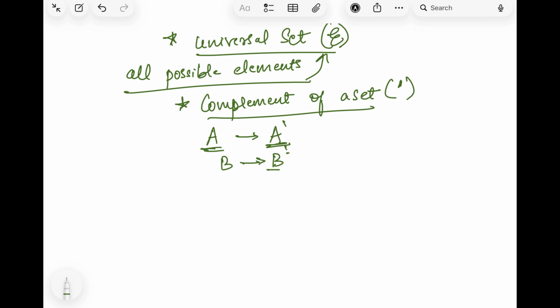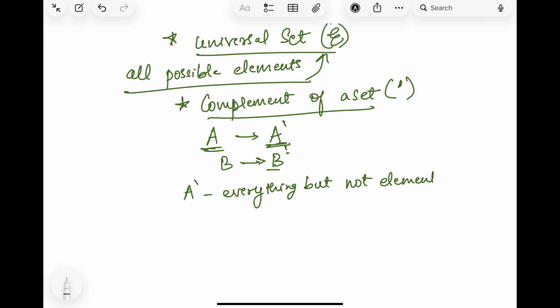We will write everything but not the elements of A. So we will write everything except the elements of A. That is the meaning of A dash. It's a twist. In A, we would have written all the elements of set A. But in A dash, we write all the elements, but we leave the elements of A.